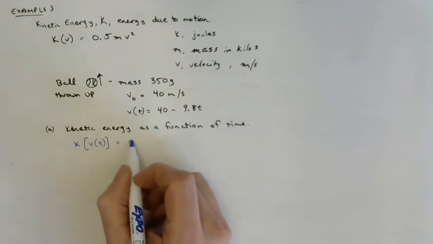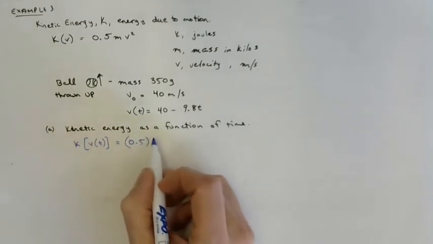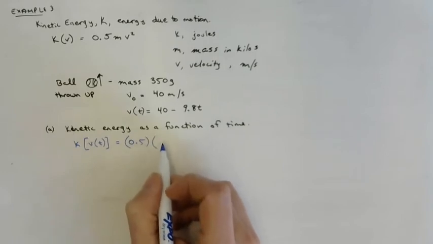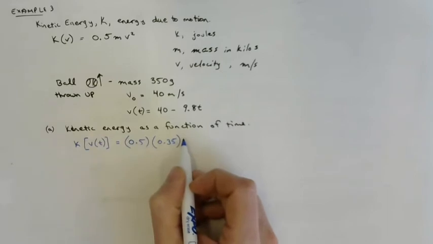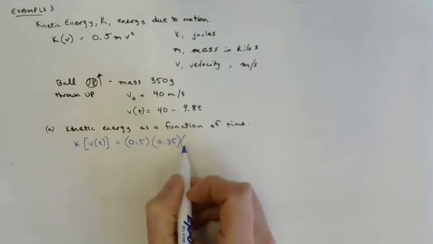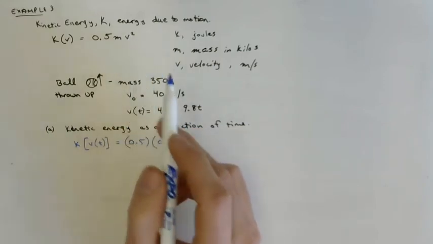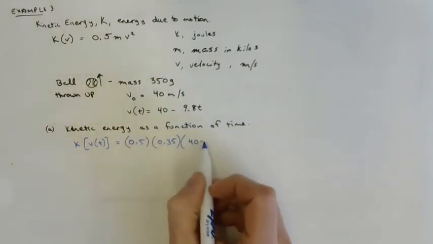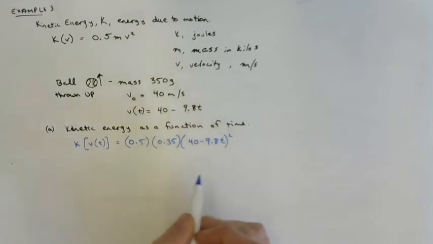So we have 0.5 times m, which we need to convert into kilograms, 0.35 kilograms, times v squared, 40 minus 9.8t squared.